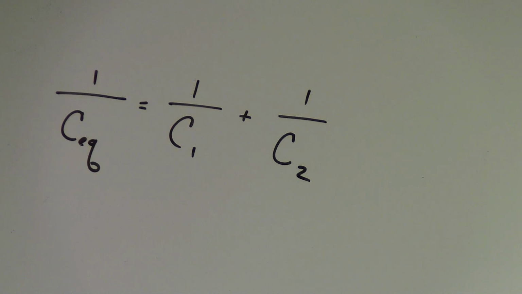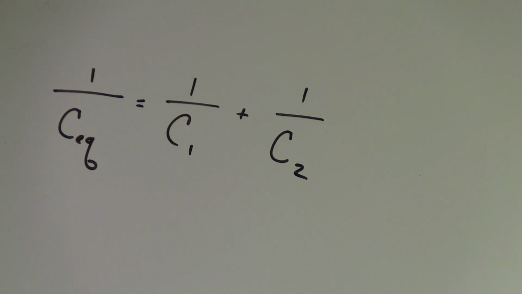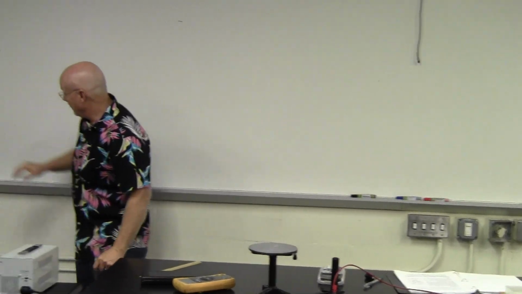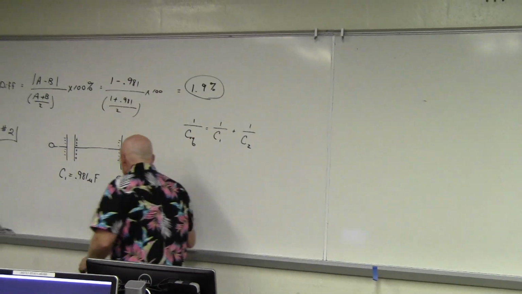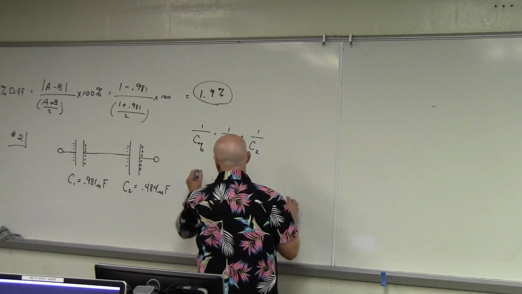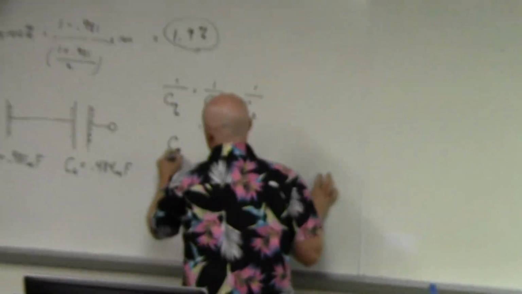And so what you're asked here in number 2, and let me keep reading, it says actually measure the equivalent capacitance and then compare this to theory. All right, so here's the part I'll let you do. You need to get out your calculator and put in these numbers, and calculate this equivalent capacitance.